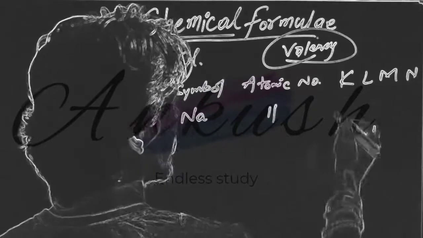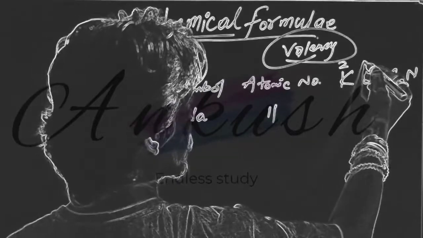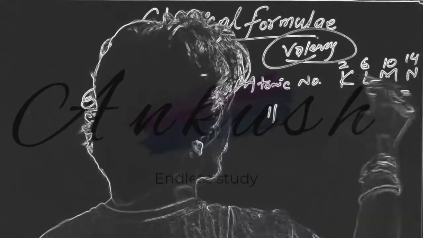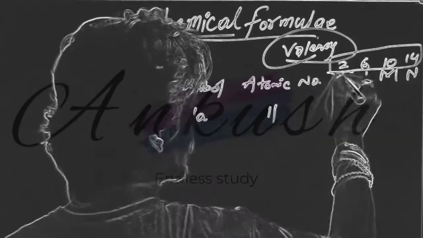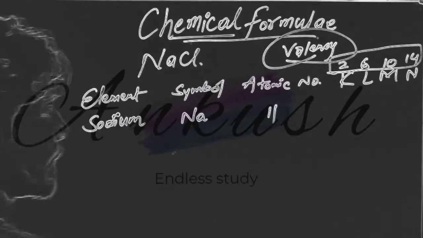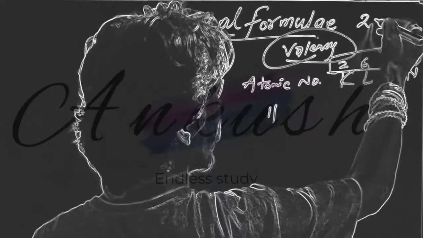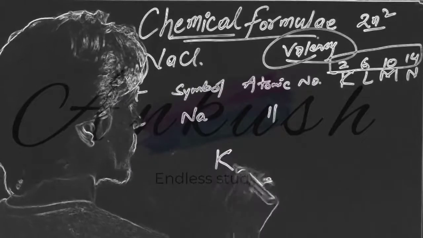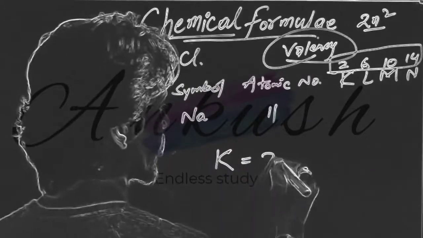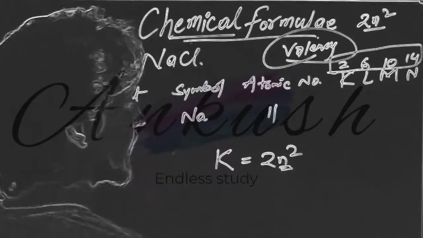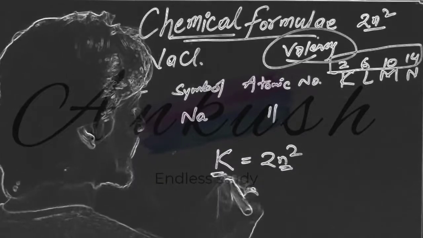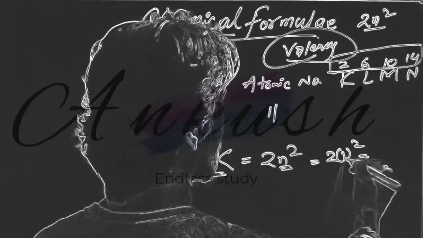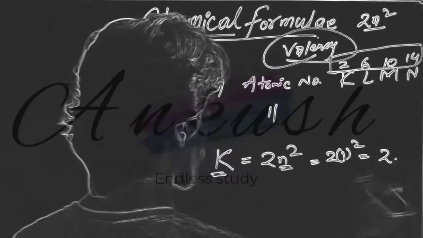We go for KLMN, that is 2, 8, 18, 32. These are the electron filling capacities of the shells. We get them from the formula 2n square, where n is the number of the orbital. K is the first orbital, so 1 square is 1, 2 into 1, so 2.